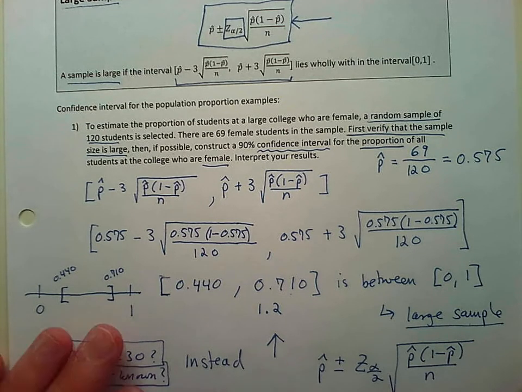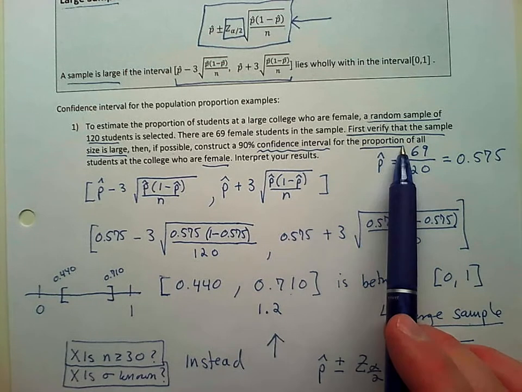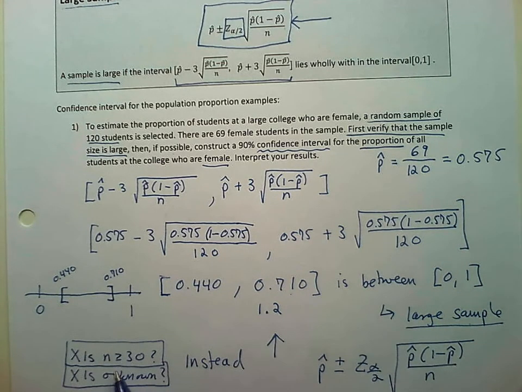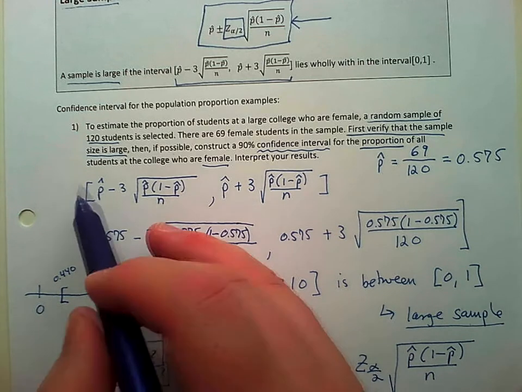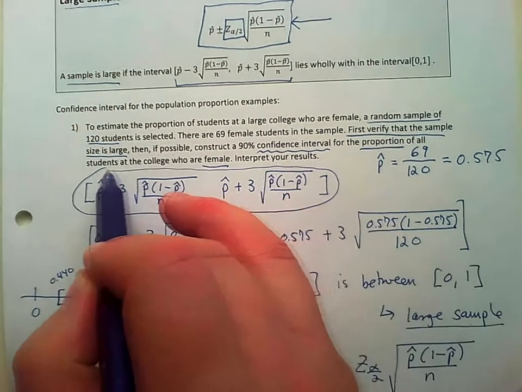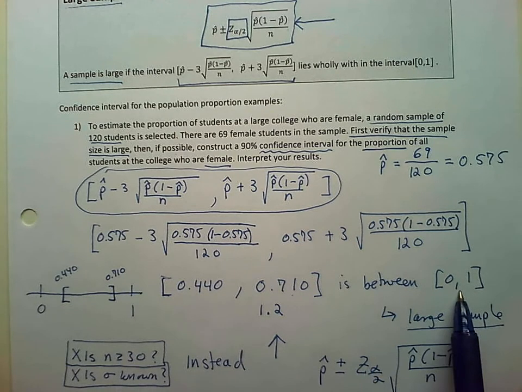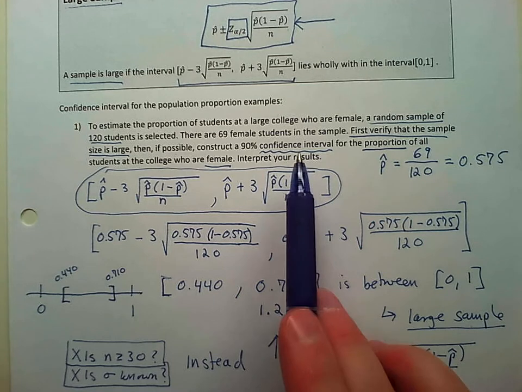Alright, so again, I'll repeat that. Whenever we're looking at confidence interval questions for proportions, we do not ask these two questions. Instead, we calculate out this interval above, and as long as this interval is between 0 and 1, we're going to say that we have a large sample, and we can jump straight to this formula for the confidence interval.